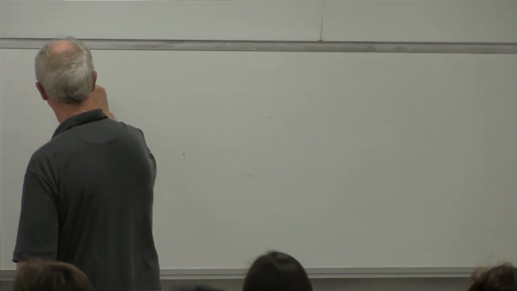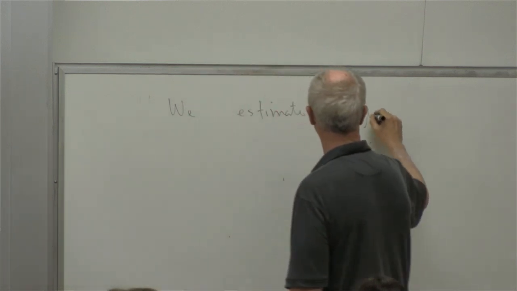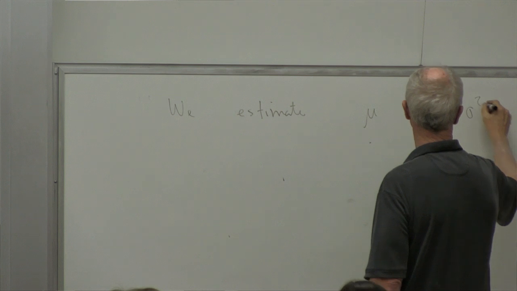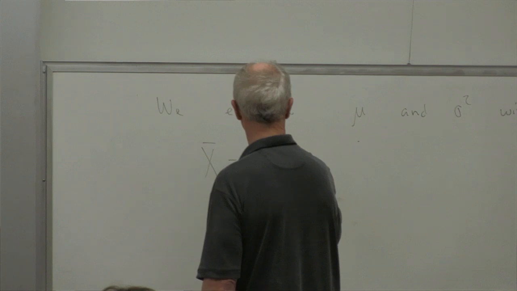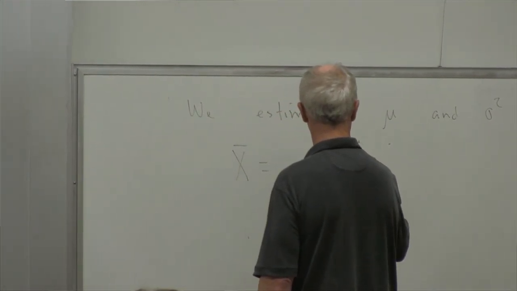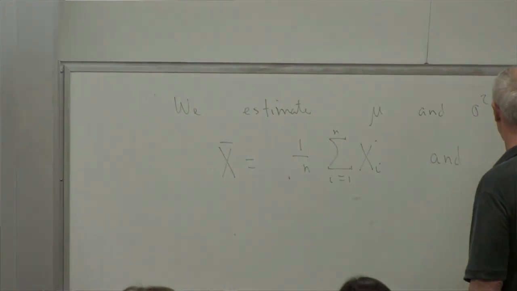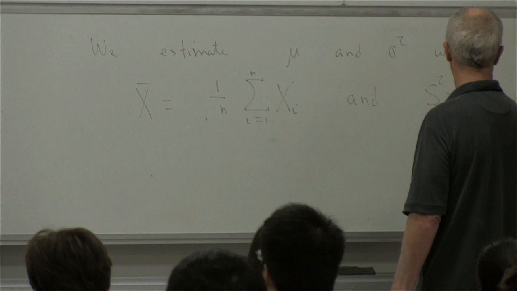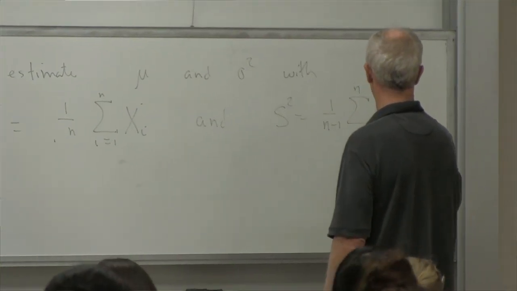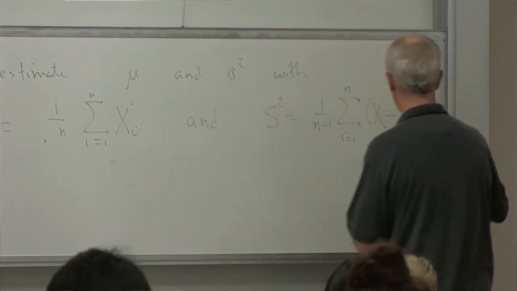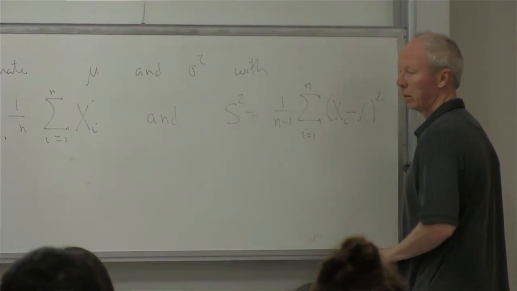Then we estimate mu and sigma squared with capital X bar and S squared.